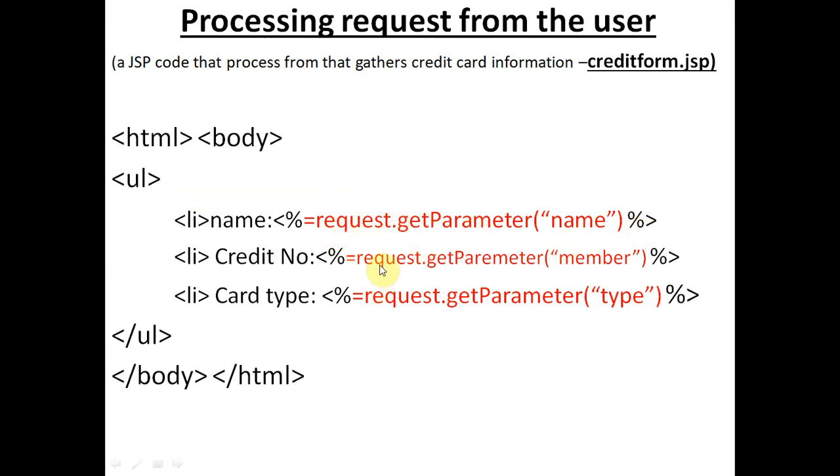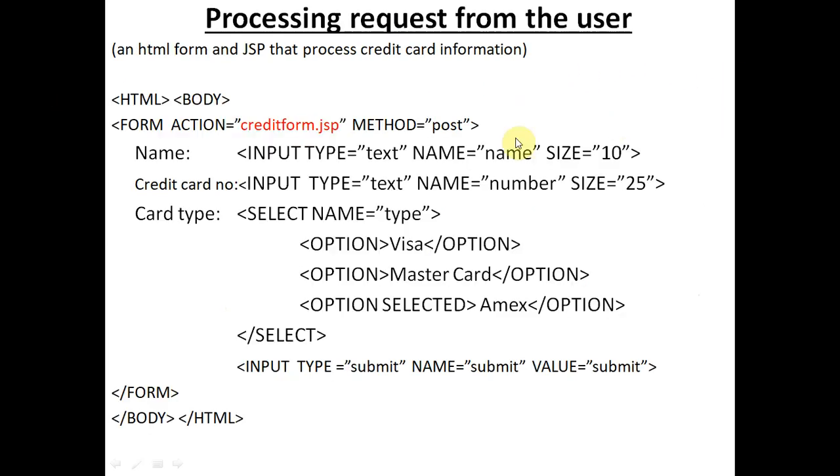All three variables are taken here, inside a UL unordered list, with line 1, line 2, line 3. In an unordered list, by default each item is started by a bullet. So this is credit form.jsp and the initial page index.jsp.